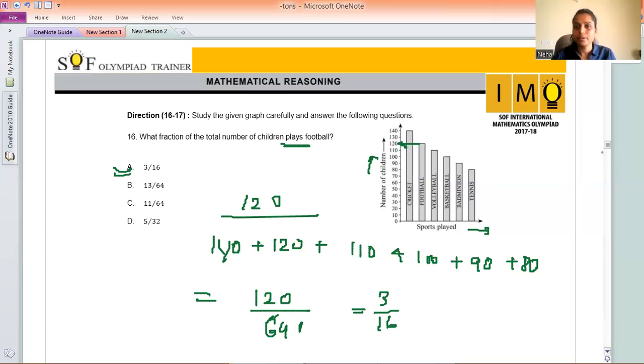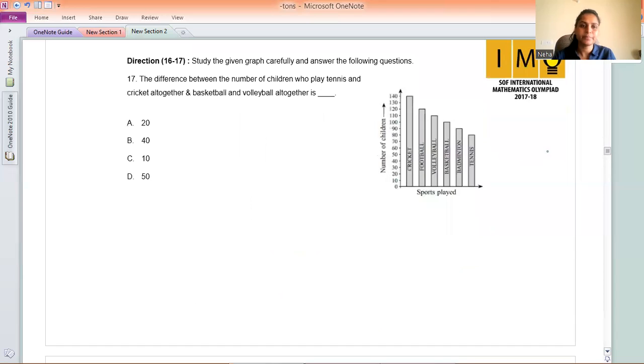The next one, question number 17. Difference between the number of children who play tennis and cricket altogether and basketball and volleyball altogether. How many students play tennis? 80 students. And for cricket, there are 140 students. And I have to find the difference with basketball and volleyball. How many students are there for basketball?